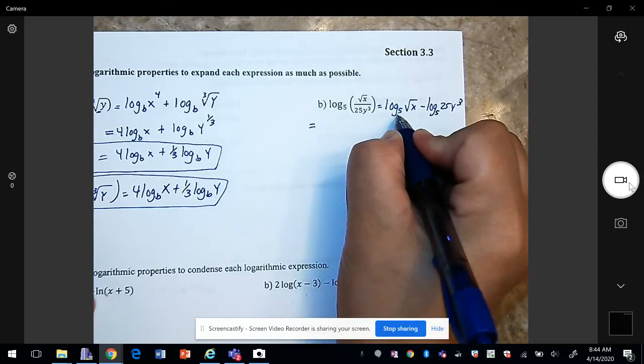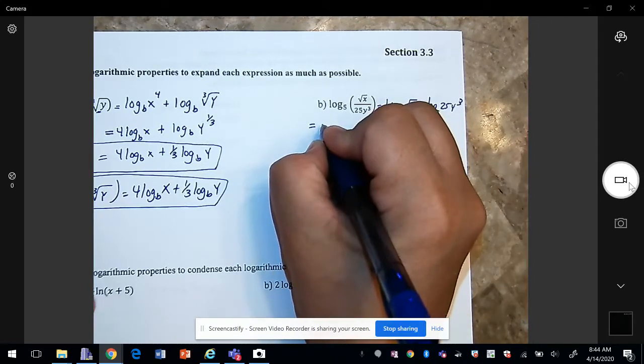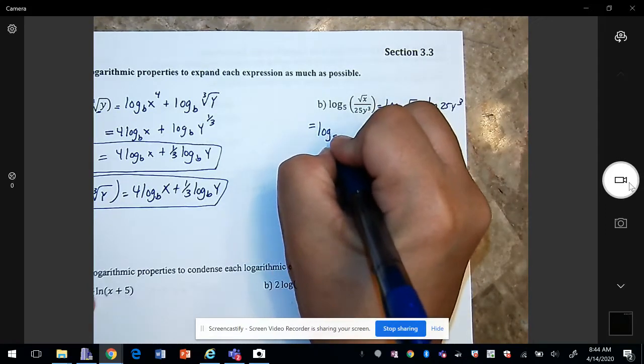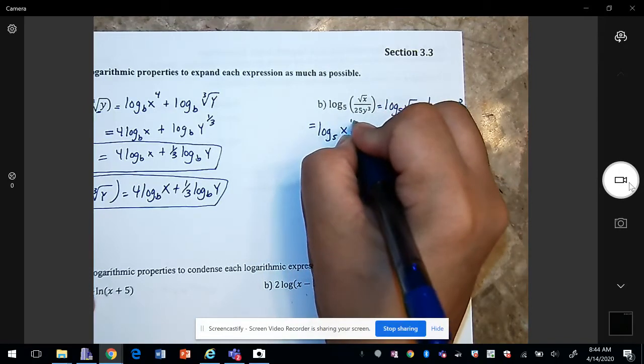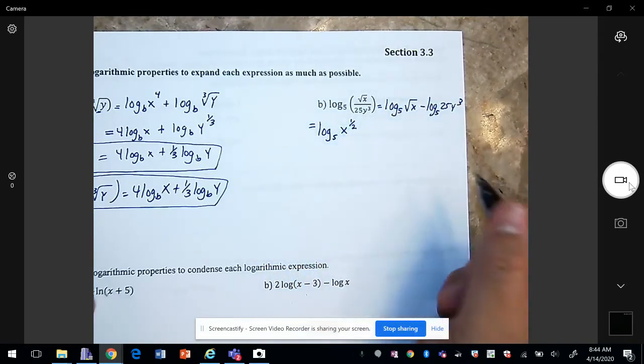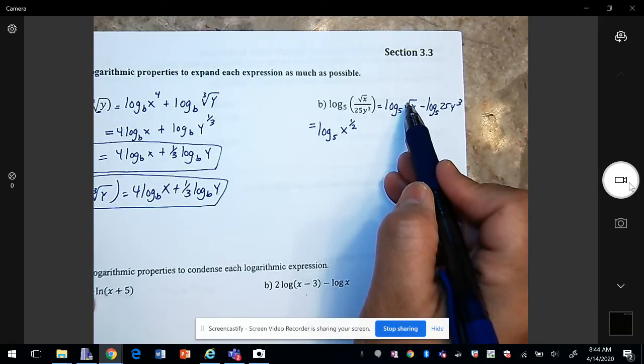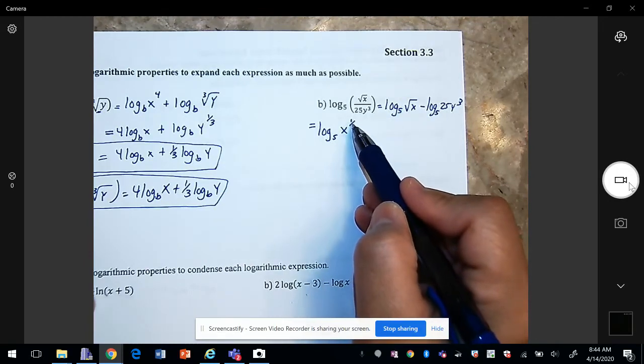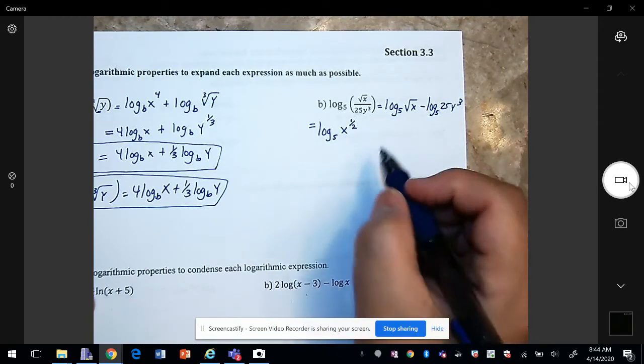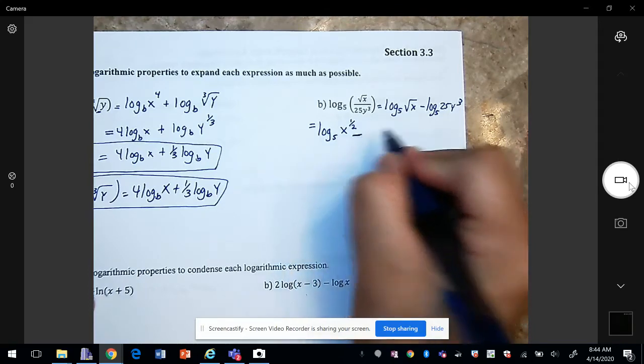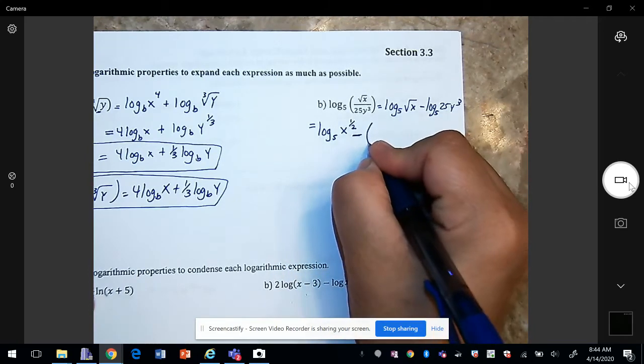So log base 5 of square root of x, I can rewrite as log base 5 of x to the half power, half being that the square root, the index is a 2, so this would be a fraction half for the exponent, minus, I'm going to write parentheses here.